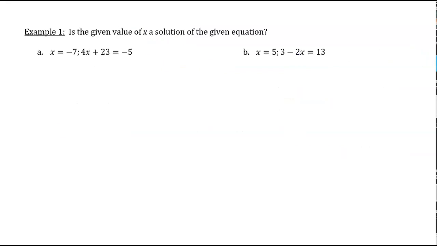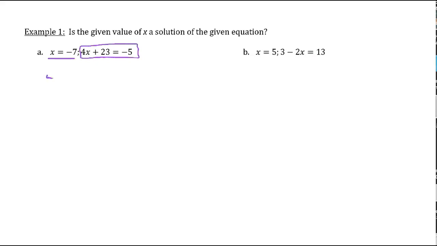In example 1, we're asked to find out if the given value of x is a solution to the given equation. In part A, we're given that x is equal to -7, and our equation is 4x plus 23 equals -5.